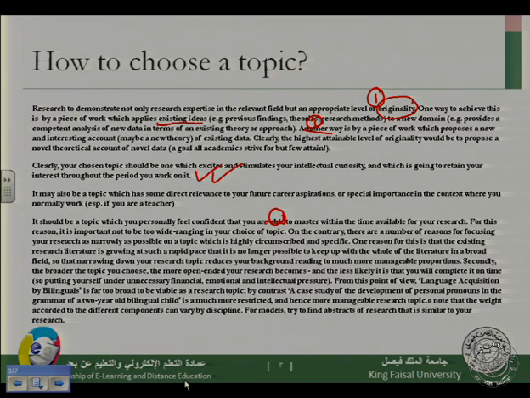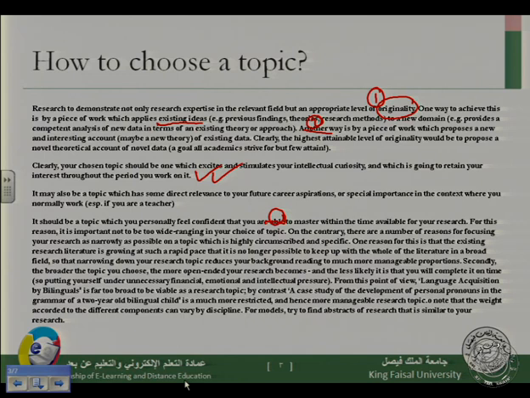For this reason, it is important not to be too wide ranging in your choice of topic. On the contrary, there are a number of reasons for focusing your research as narrowly as possible on a topic which is highly circumscribed and specific.